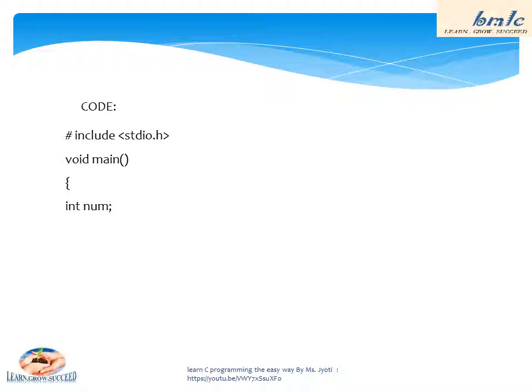Then we have declared a variable in which we are going to read the value of the number. We print a message on the screen saying enter a number that you want to find out is even or odd. Then we read that number in the variable num using the scanf statement. Since the number is of integer type, the format specifier is %d here.